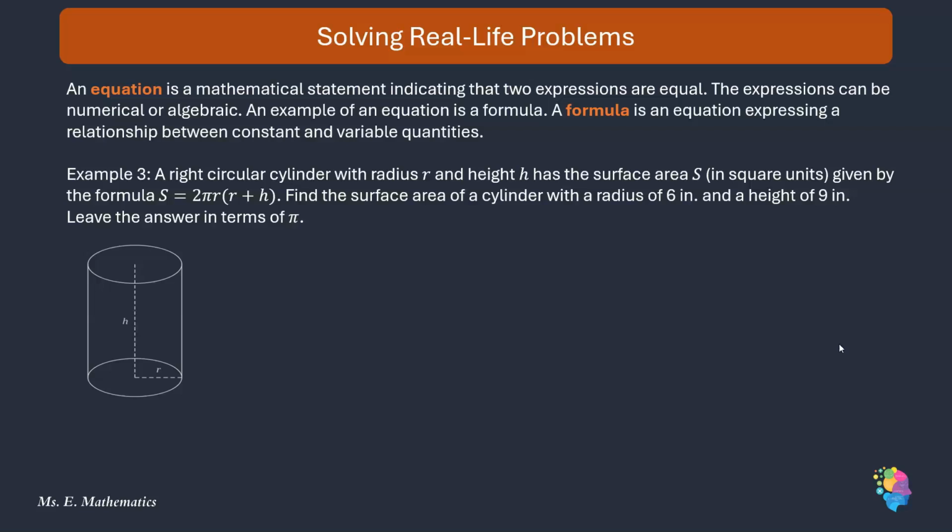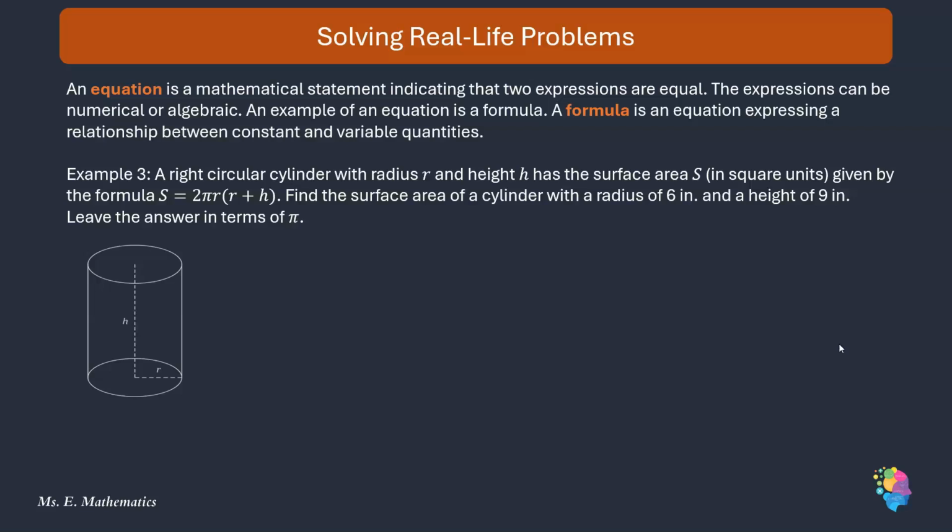So an example of an equation is a formula. A formula is an equation expressing a relationship between constants, remember those are numbers, and variable quantities. Remember, those are letters.